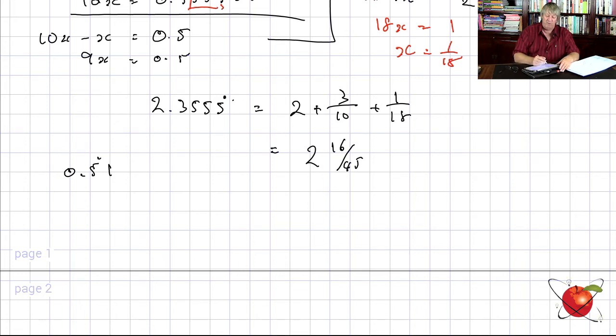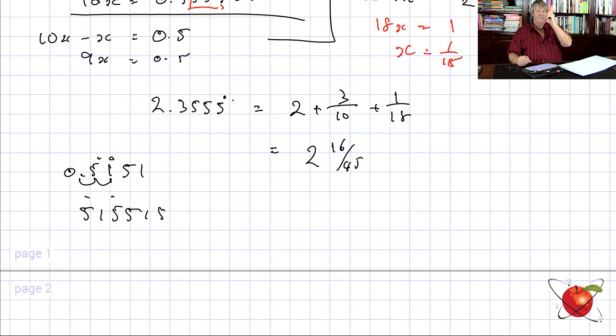If it's 0.51 recurring, you're going to multiply by 100. If it is 0.515 recurring, you're going to multiply by 1,000. So if it's 1 recurring decimal, you multiply by 10. If it's 2 recurring, so let's say it's 0.57 recurring, right?